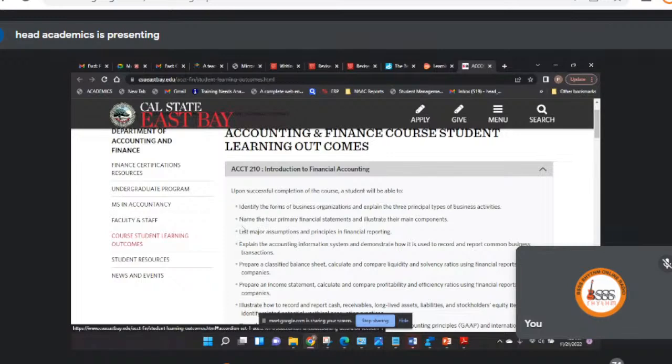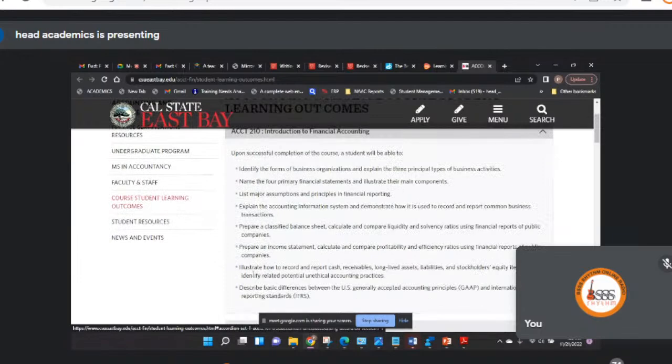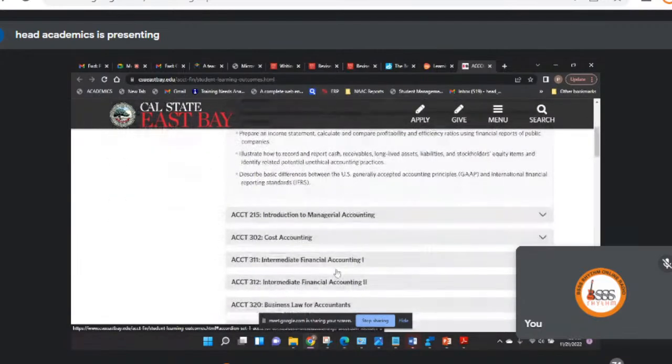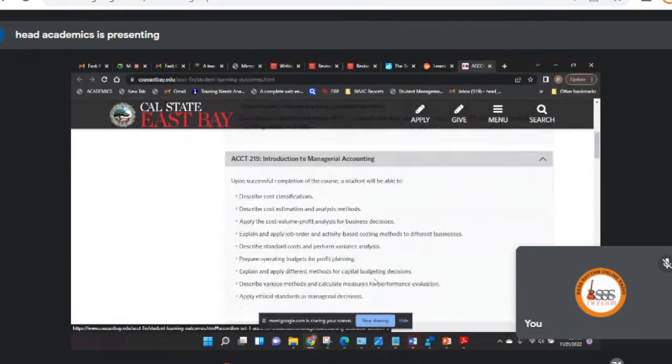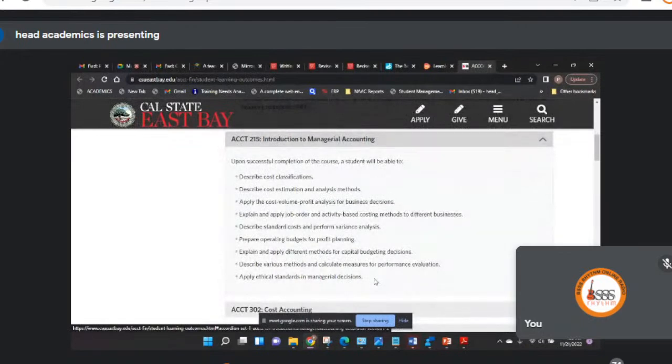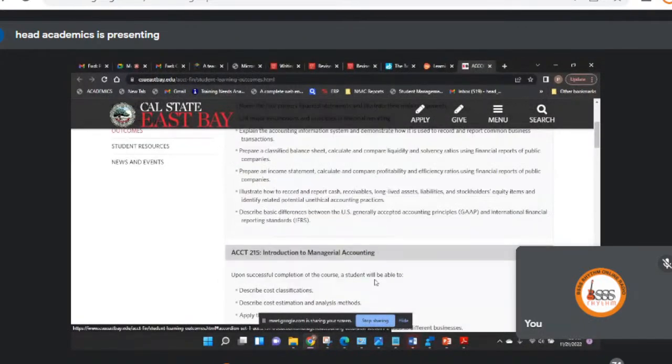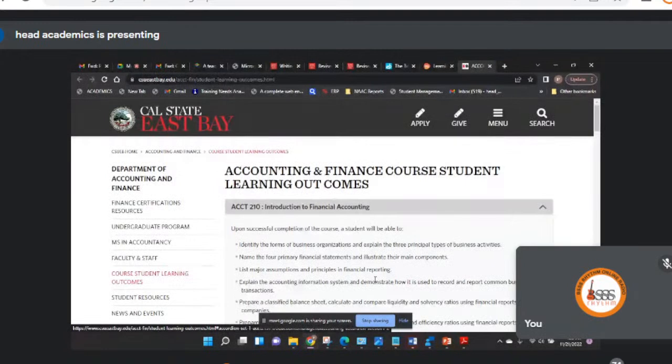Say here: identify, name, list, explain, prepare, illustrate, describe. So these are some of the courses that you can refer to while writing your outcomes if the course is relevant to you. But that's what Bloom's taxonomy is all about, and using Bloom's taxonomy for writing good outcomes.